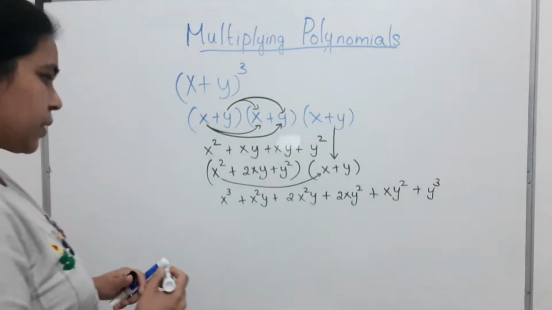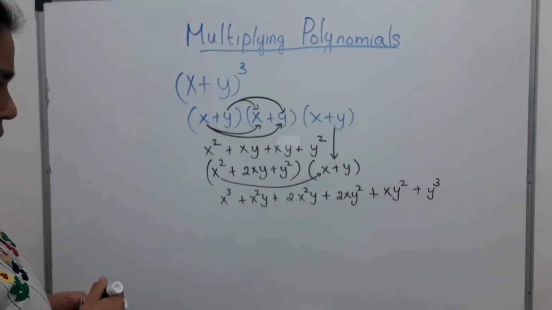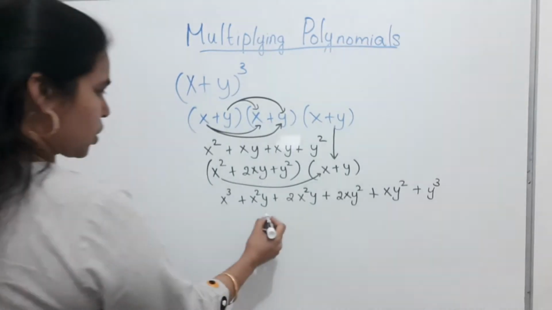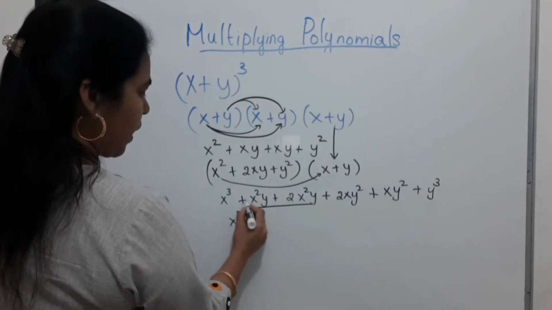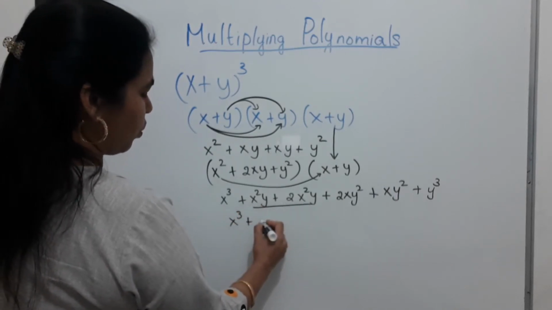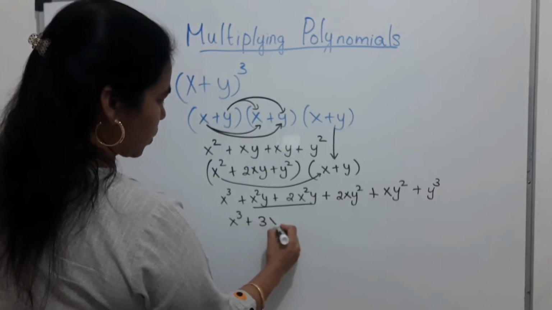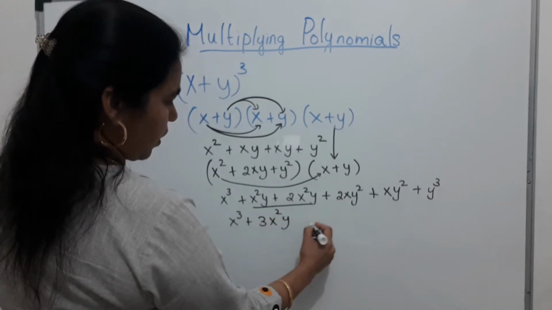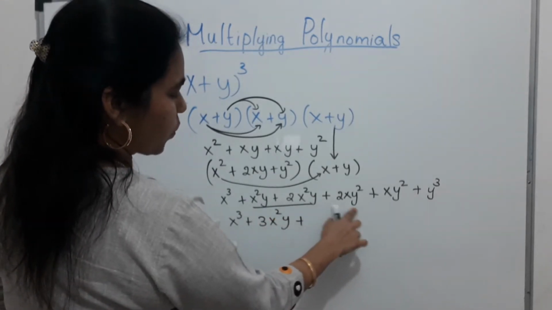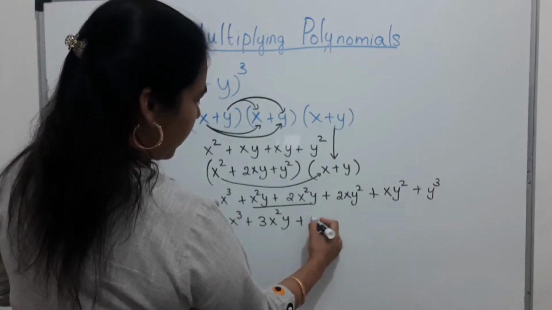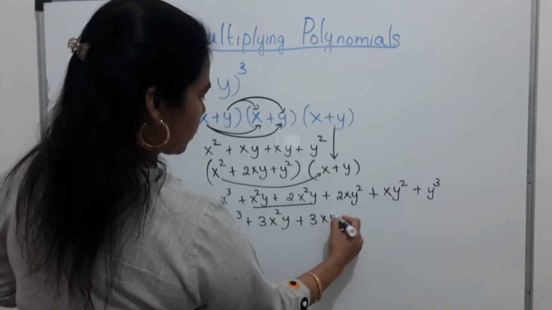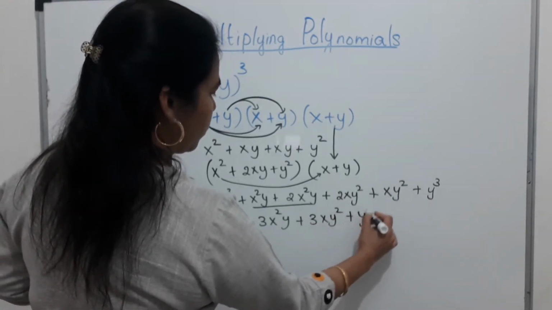Okay, now let's see whether there are any like terms. So these two are the same. x cubed has coefficient 1 and this has 2, so 1 plus 2 will be 3x squared y, and plus 2xy squared and xy squared, so again you can write 3xy squared plus y cubed.